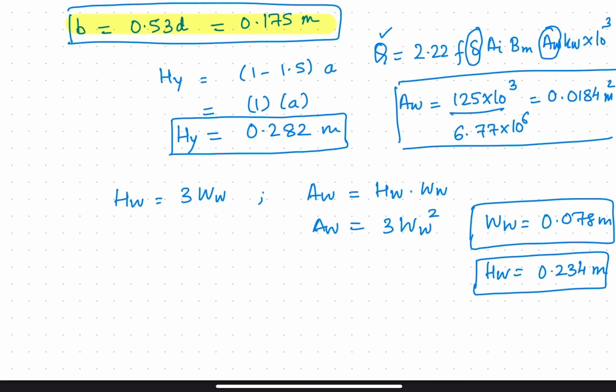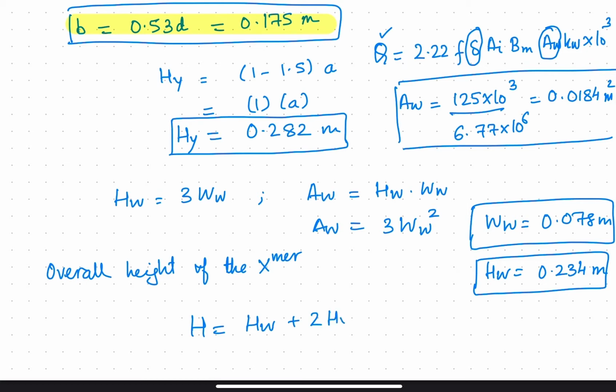Then when you get all of these values, the overall height of the transformer is given by this, and it comes out to be 0.79 meters.